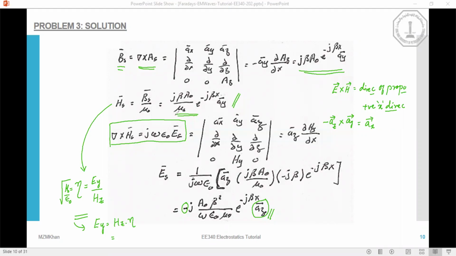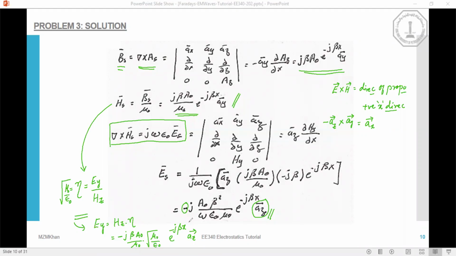So what is your HZ? It is this one: j beta A naught over mu naught, times eta, root of mu naught over epsilon naught. Correct? E power minus j beta x times AZ, because AZ and negative we already got here.